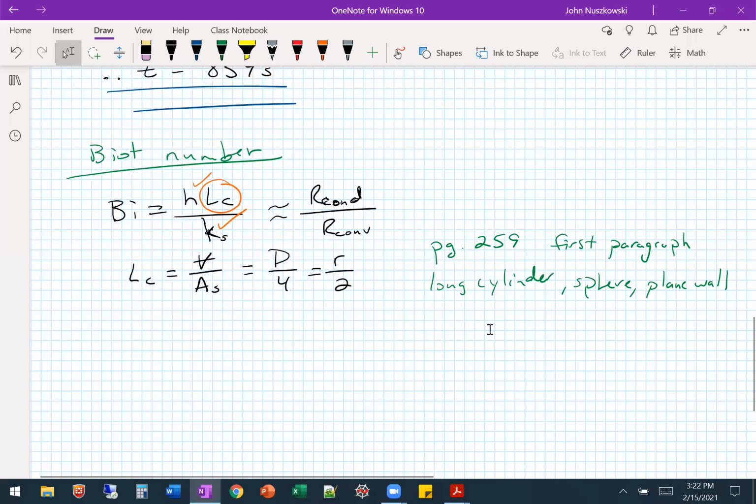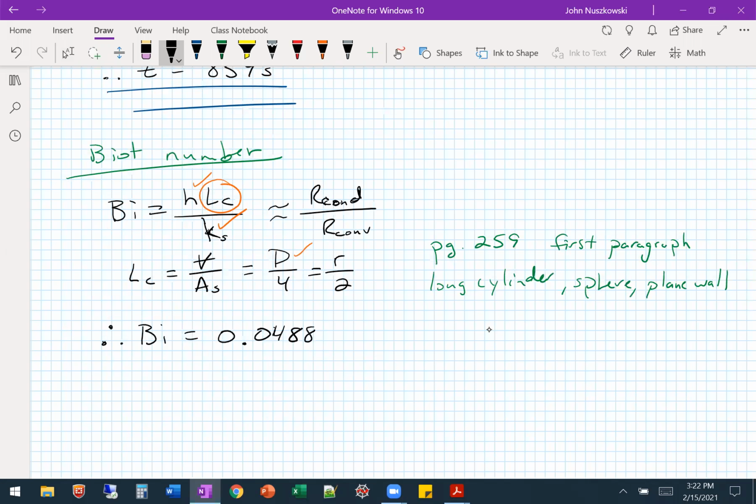Any questions so far? All right, so then we now have enough to solve for the Biot number, so we get a Biot number of 0.0488.